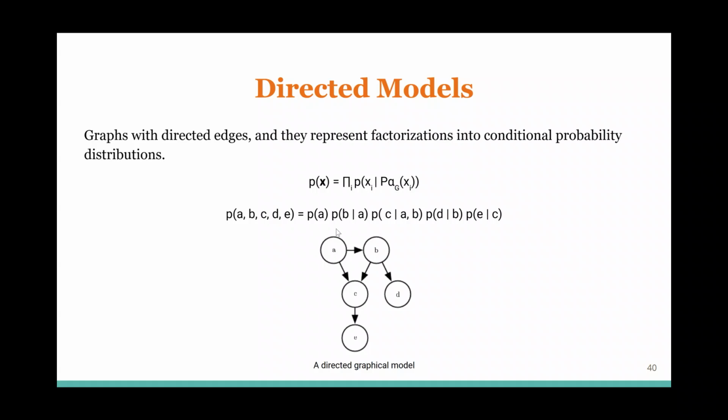To multiply these factors: for A, since it's not being influenced by any other variable, it is just P of A. For B, it is influenced by A, so it's P of B given A. For C, it is influenced by A and B, so it's P of C given A comma B. For D, it's influenced by B, so it's P of D given B. And for E, it's influenced by C. So this is how you can multiply the different probabilities and conditional probabilities.